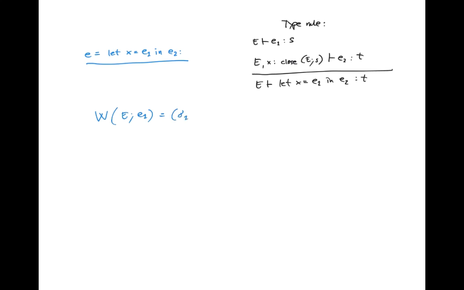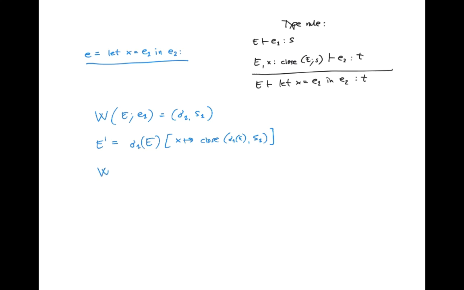We get back a substitution and the type of E1, S1, and then we try to find the type of E2, and we do that in an updated environment, E prime, and E prime is the old environment where X is now bound to close of S1, but remember we know something more about the type, so it's sigma 1 of E. But that's our new type environment that we use for typing E2.